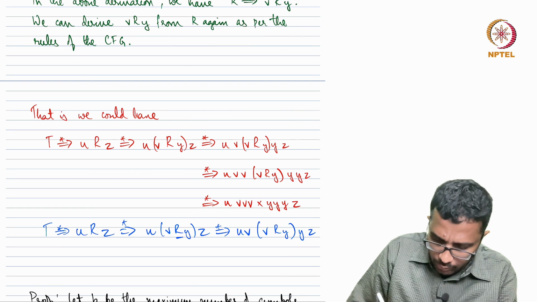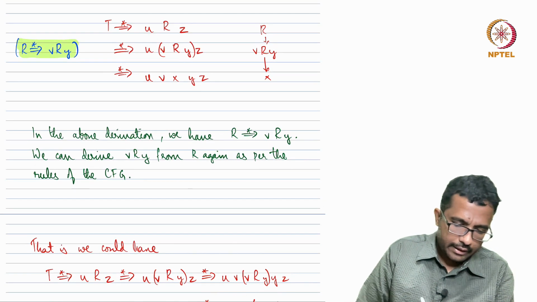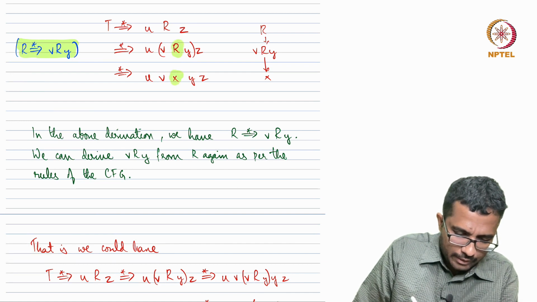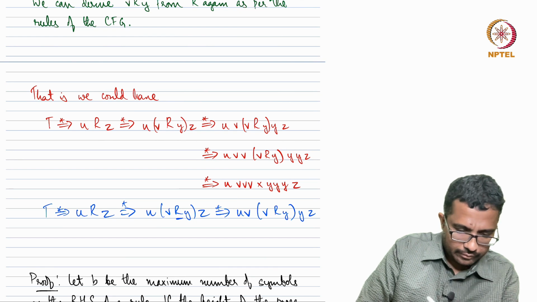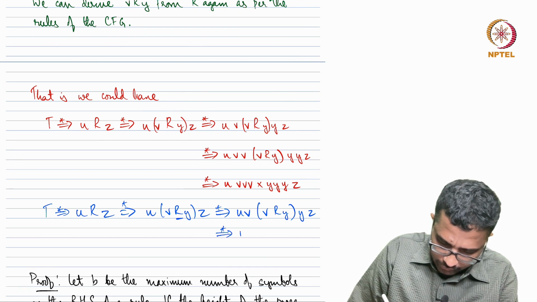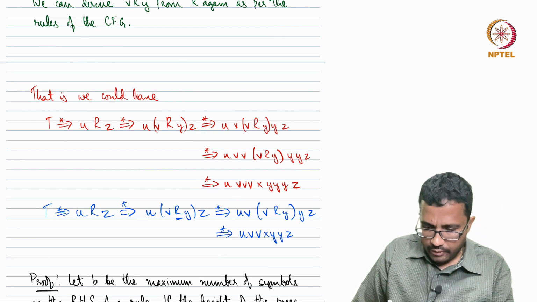And now I am going to replace this R by X. Over here we know it is allowed, right? This R was replaced by X. So UVVXYYZ.